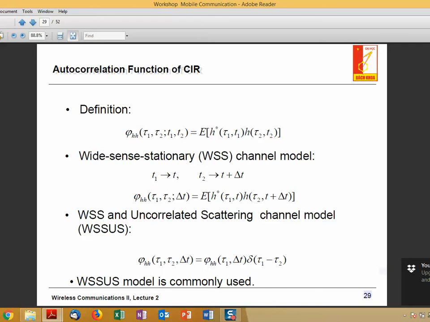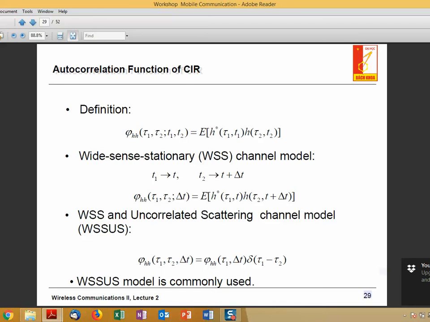So you multiply the channel response with the conjugate. You know what the conjugate is? That is the mathematical description, the definition.